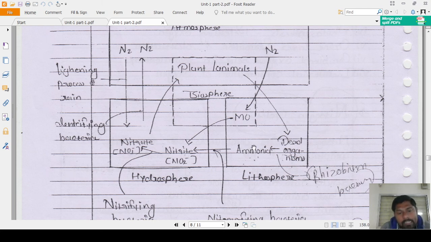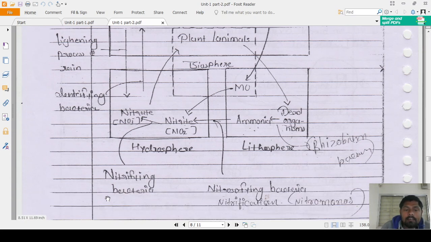Then this ammonia is converted into nitrites, and these nitrites are converted into nitrate. That process, the conversion of nitrite to nitrate, is carried out with the help of nitrifying bacteria, in the hydrosphere and in the lithosphere.